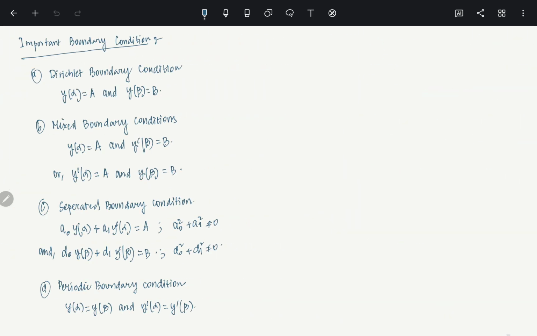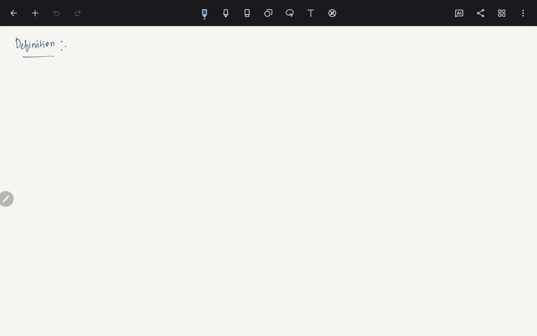So the boundary value problem 1 plus 2, you have the problem 1 and then 2 is the boundary data. We call it a regular boundary value problem.